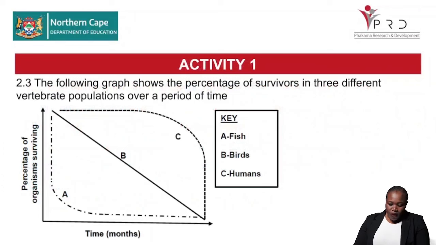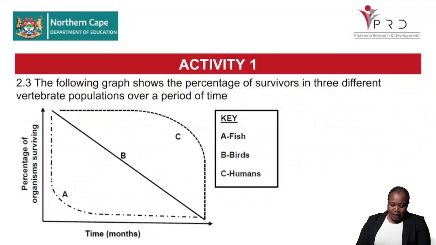It says the following diagram shows the percentage of survivors in 3 different vertebrate populations over a period of time. So we have our time in months on our x-axis. We have the percentage of organisms surviving on our y-axis. And then we have 3 curves or lines, A, B, and C. As we can see with time, on A, there is a decrease.